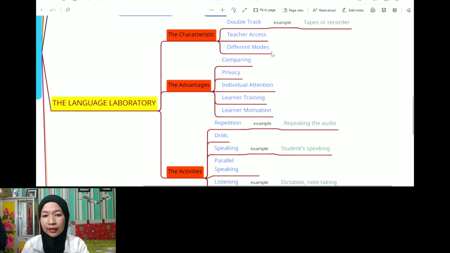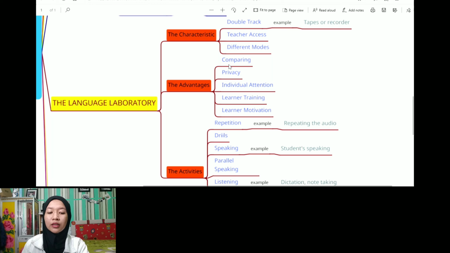Okay, next. The second part is the advantage of the language laboratory. The first is comparing, privacy, individual attention, learner training, and learner motivation. The first is comparing.